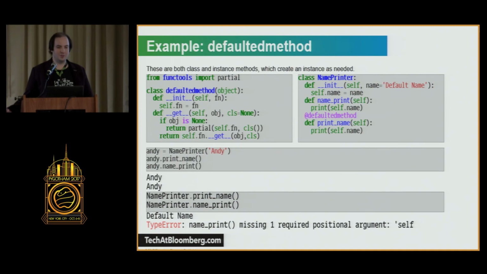If we go ahead and just call it off the class, NamePrinter.print_name will give us the default name. NamePrinter.name_print will give us back our familiar type error because we just called an instance method without giving it an instance.